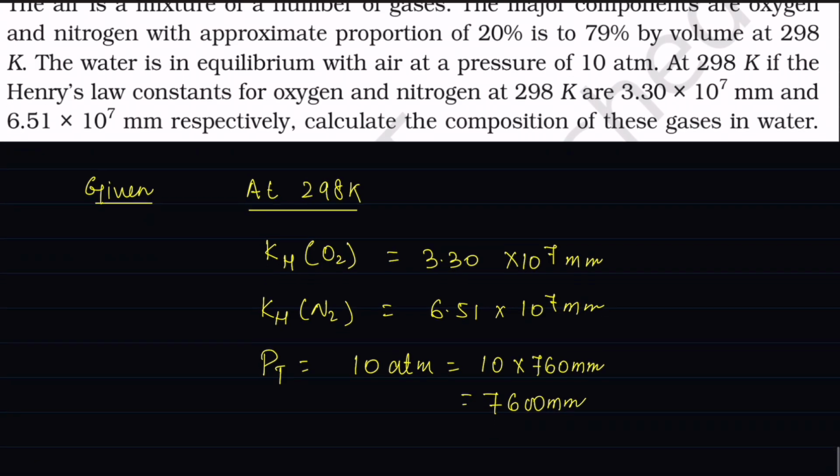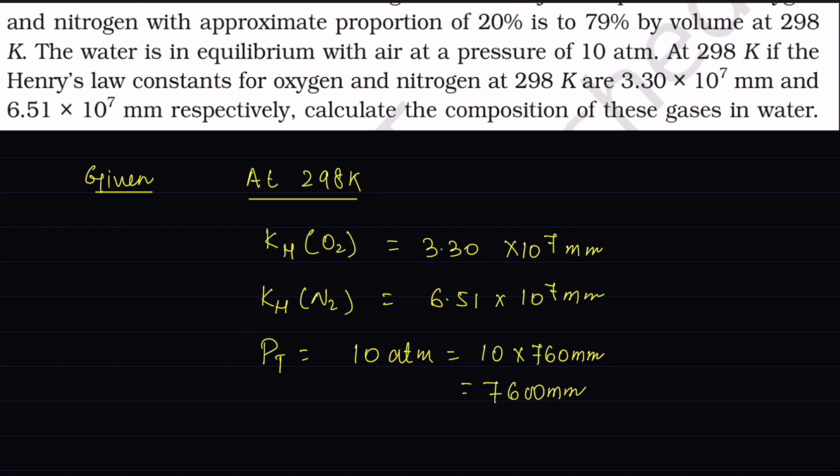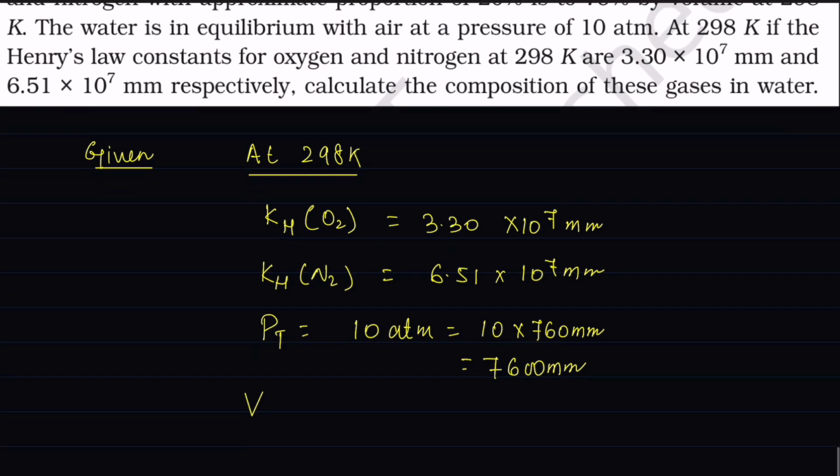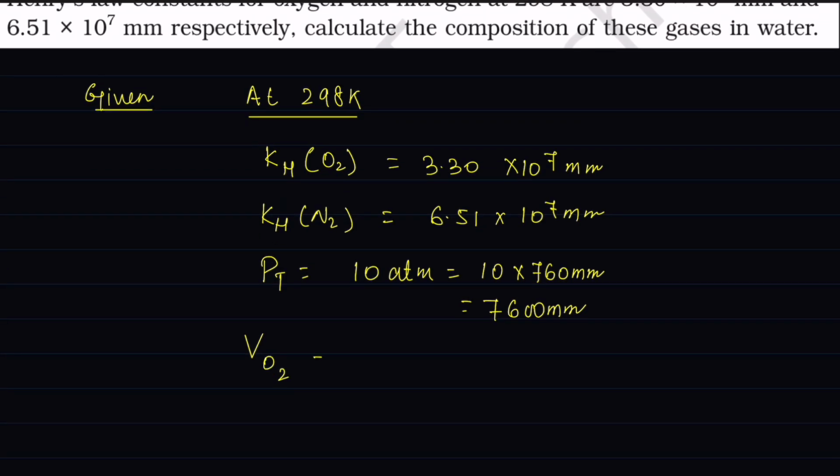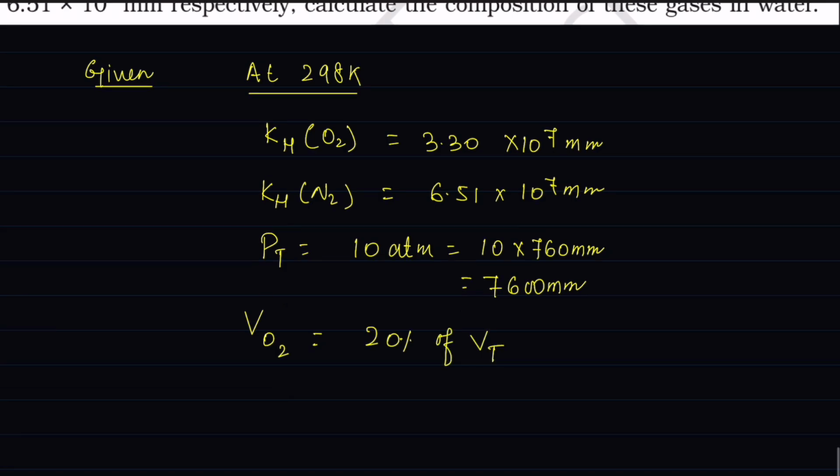And now in the question it is given that the volume of the oxygen is 20% of the total volume. Similarly, volume of the nitrogen is 79% of total volume.